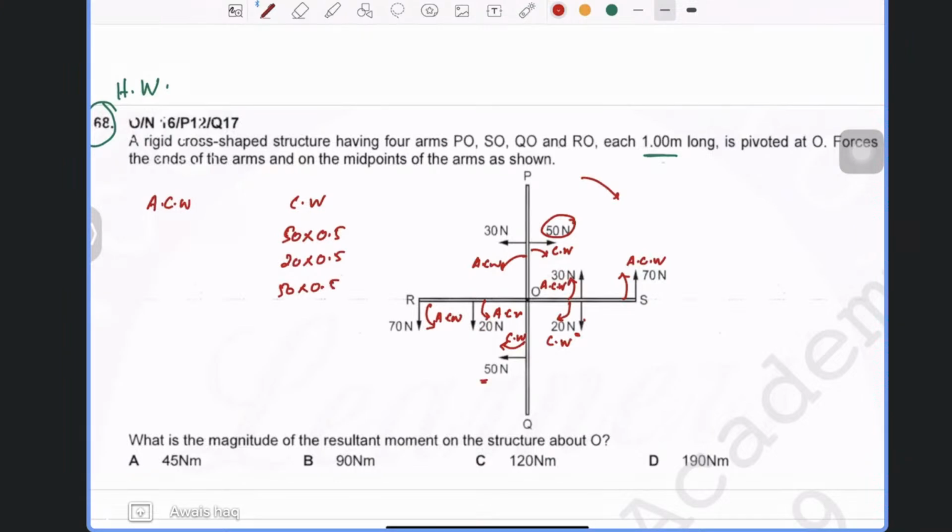No. The next we're going to go to anti-clockwise. So anti-clockwise are 30 times 0.5, and then 70 times 1, and then 20 times 0.5, and then 70 times 1, we're looking at these, and 30 times 0.5. You add them all. Can you please give me the answers for both of them?